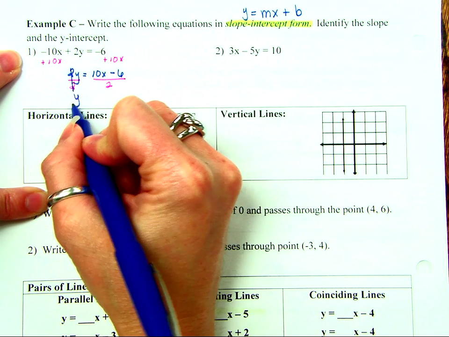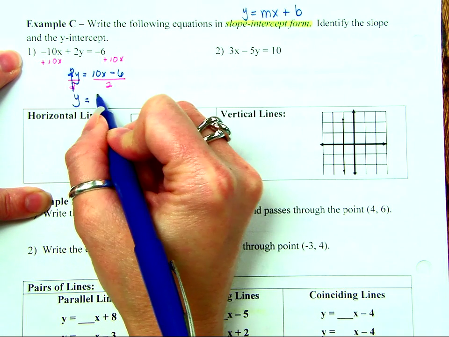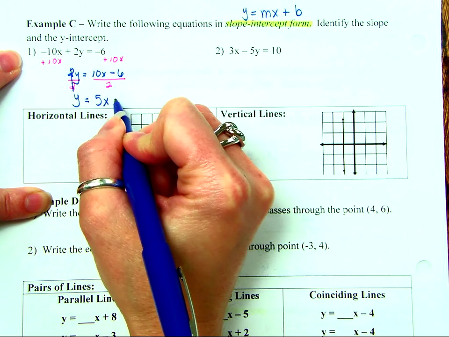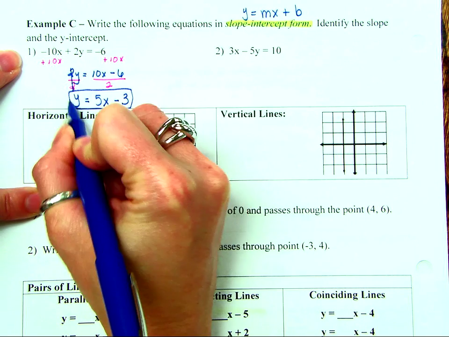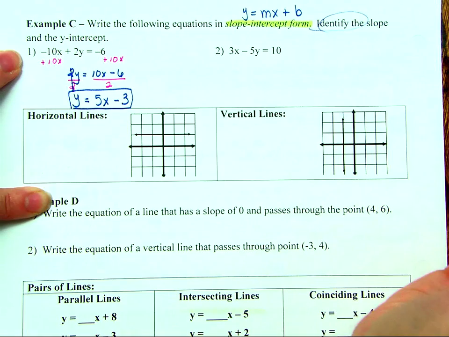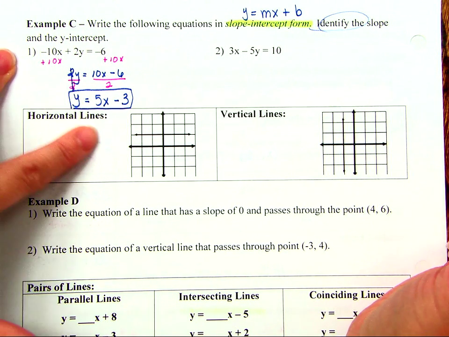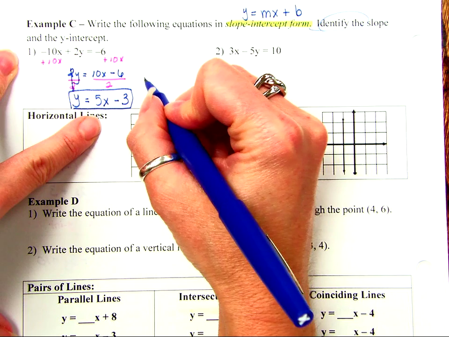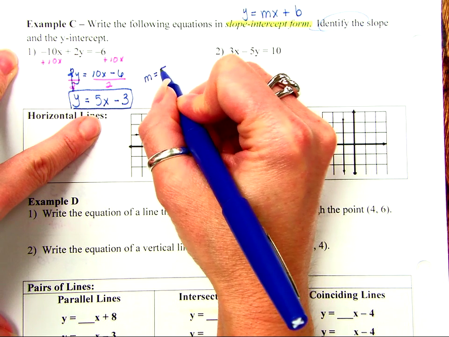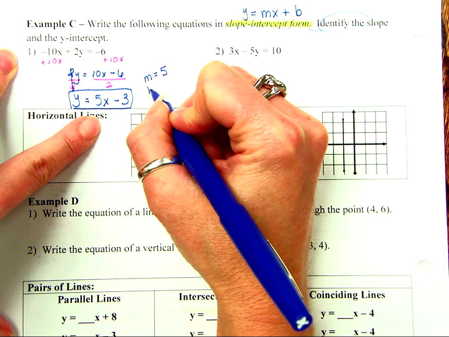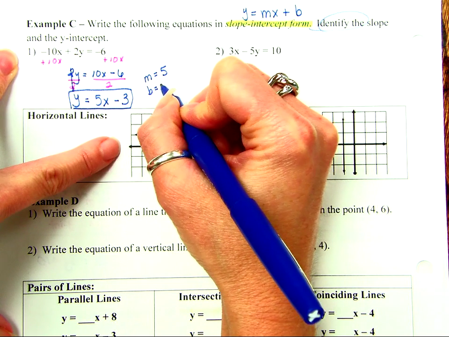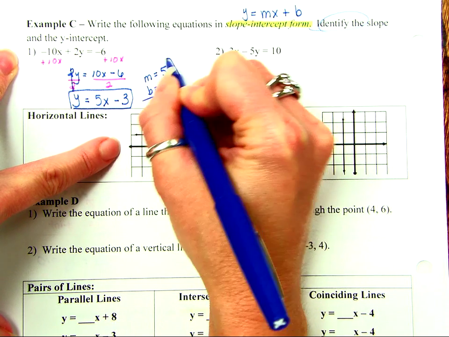I end up finding that y equals 5x plus 3. If I need to identify my slope and my y-intercept, well, we can see that the slope, my number in front of x, would be 5, or 5 over 1, and my y-intercept would be 3.